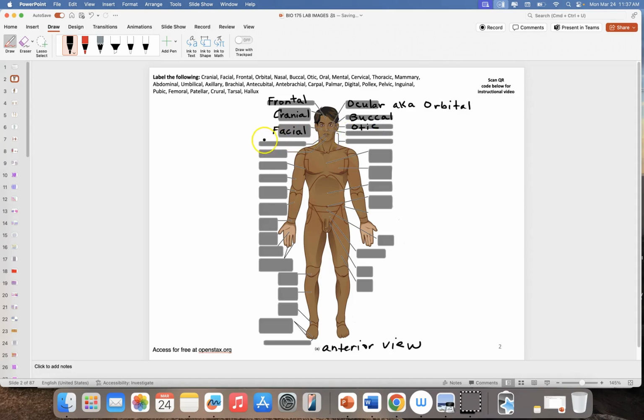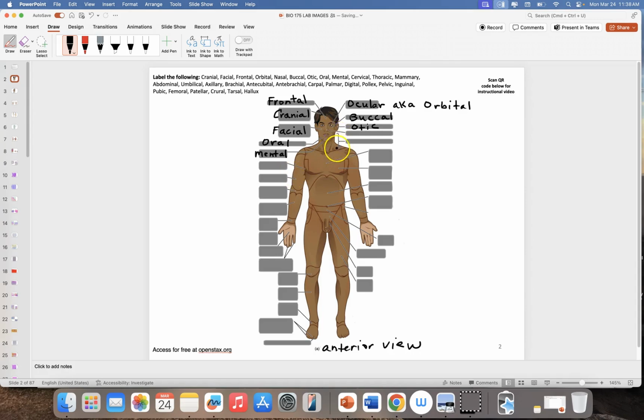The mouth is oral. For example, the cavity of the mouth is called the oral cavity. And then the chin, that landmark term is mental.